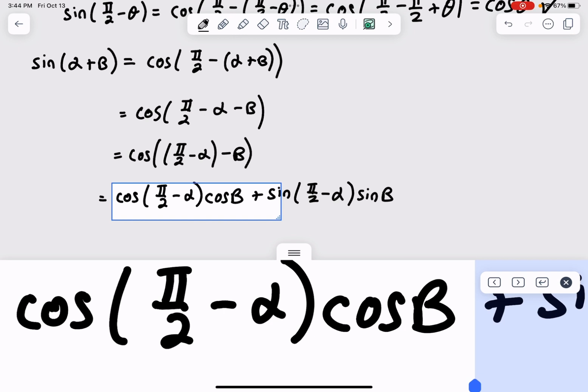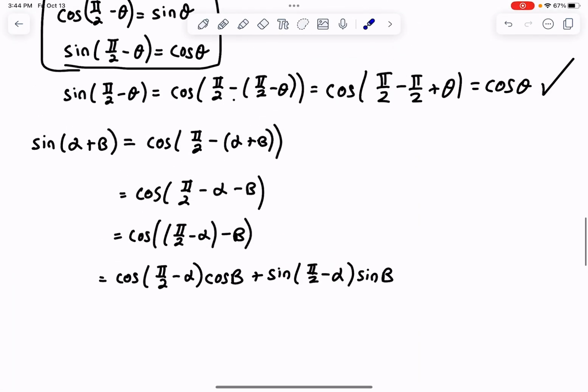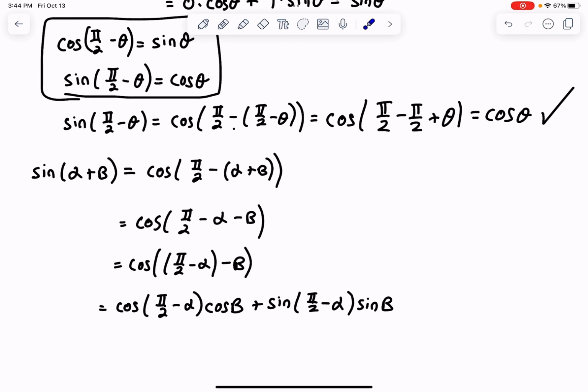This is still kind of messy looking, but this is where those two identities from just a little bit ago come into play. Right? We have cosine of pi over 2 minus an angle is just sine of that angle. So this stuff all just becomes sine of alpha. And sine of pi over 2 minus an angle is cosine of that angle.